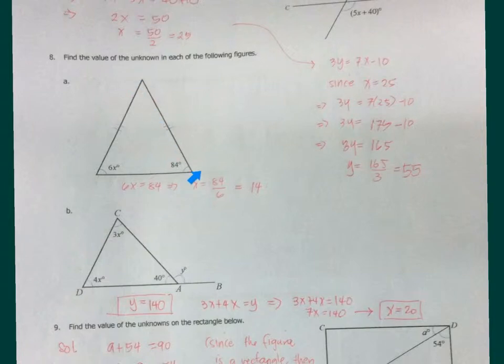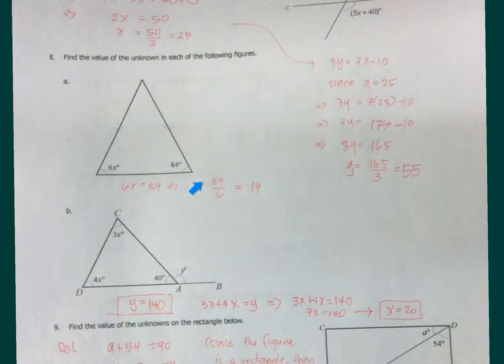With that, it means the triangle is an isosceles triangle, and if two sides of an isosceles triangle are the same, that's also the same relationship for the angles opposite those sides. Like 6x and 84 are two equal angles as well. So in my solution, it's 6x equal to 84 because the two angles are the same. So 6x is equal to 84 will give you x equals 84 over 6, and that will give you 14.